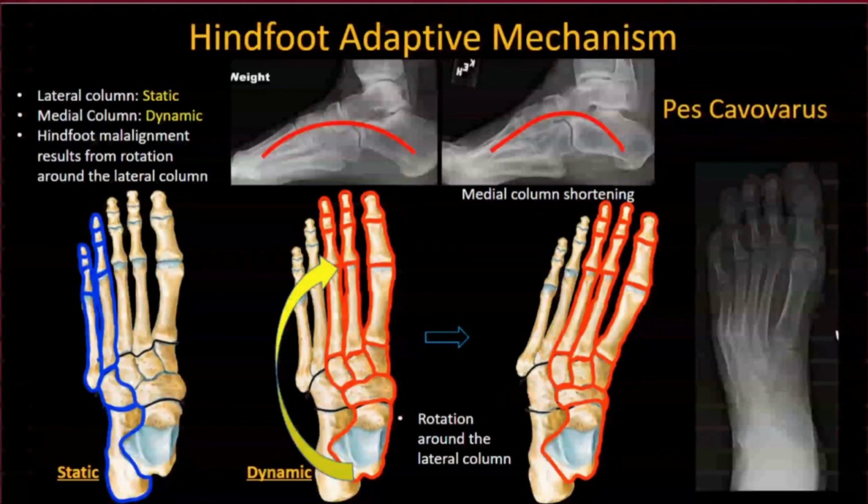Hindfoot adaptive mechanisms in patients who have pes cavovarus can be seen when we have a normal arch and it actually increases. And so what's occurring here is medial column shortening. Now, as we mentioned before, the lateral column is relatively static. There's not a lot of motion between the calcaneus, cuboid, and base of fourth and fifth.